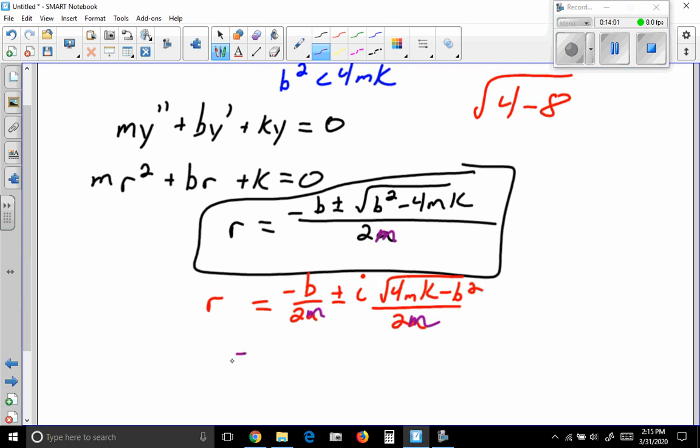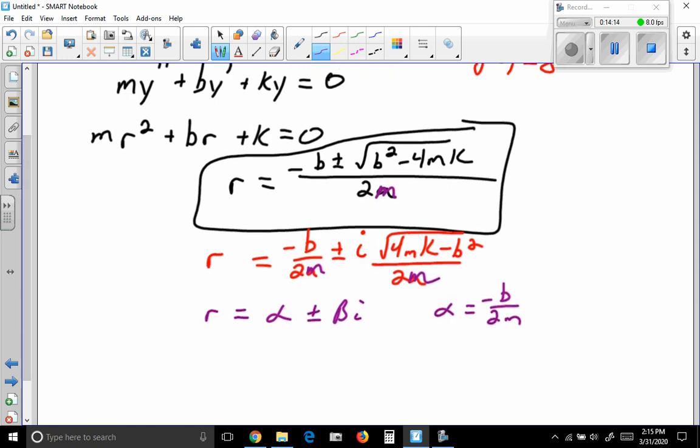So let's just call this alpha plus beta i, where alpha is negative b over 2m, and beta is the square root of 4mk minus b squared, over 2m.